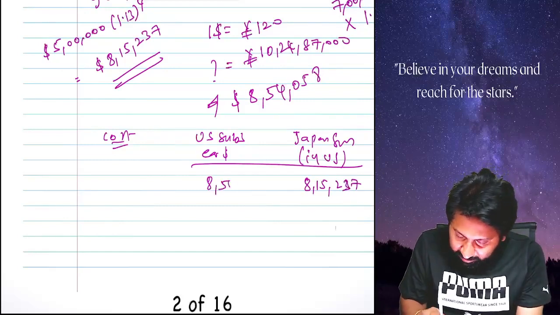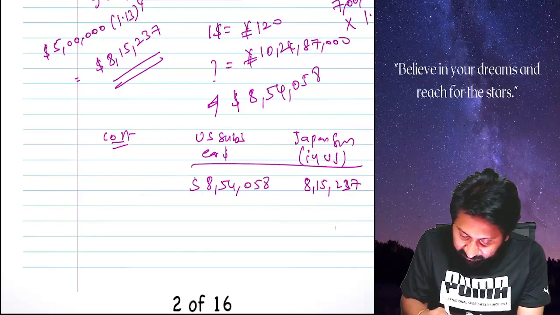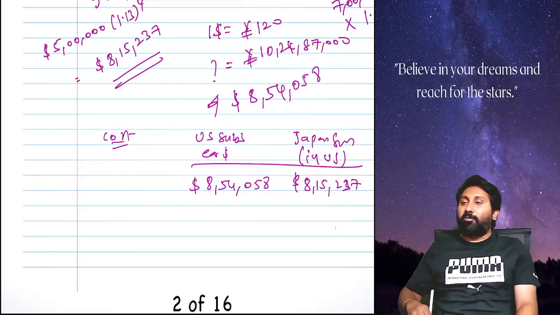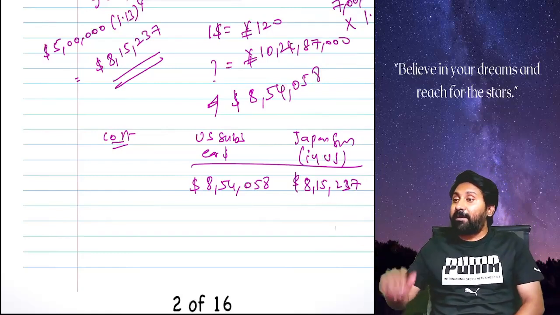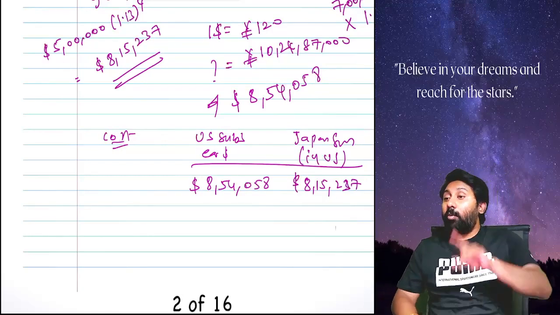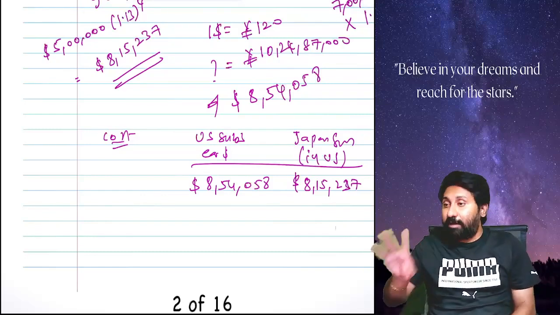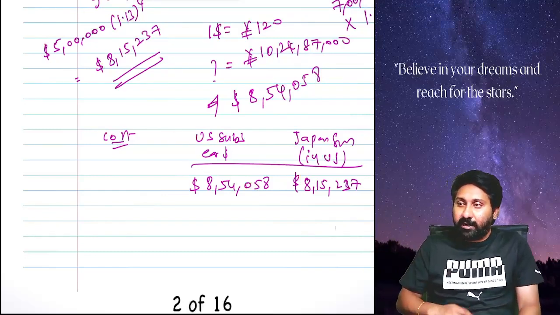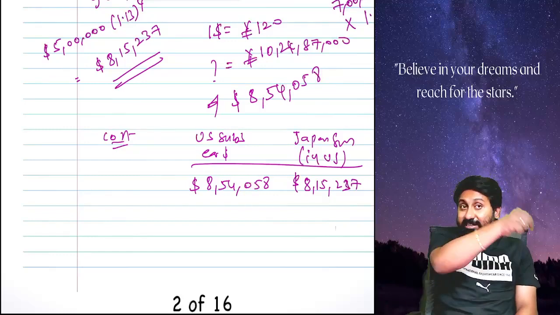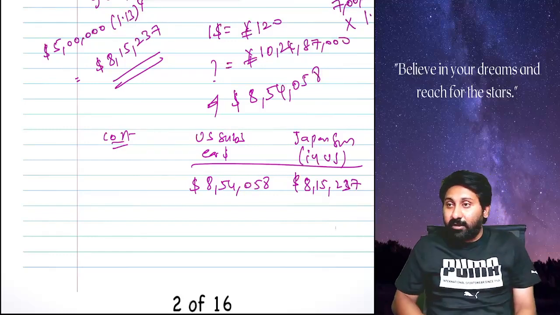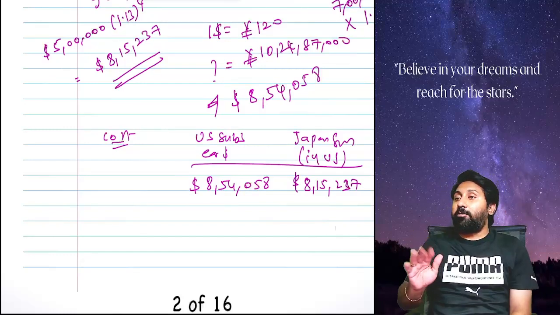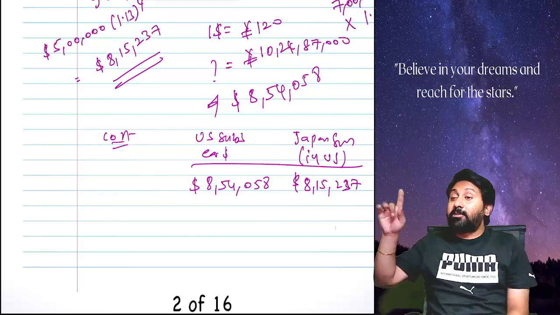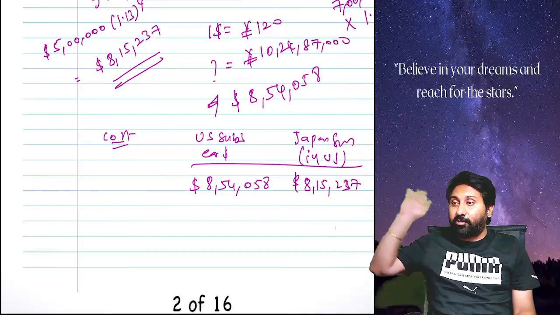This one is paying $8,54,058. From this, what you have to understand is who is having a heavy payment and who is having a lesser payment. One party is having a lower payment. Who is that? The Japanese subsidiary in USA is paying $5 lakh. The 5 lakh they don't pay, 5 lakh into interest they will pay. So their net cost will be 8,15,237.